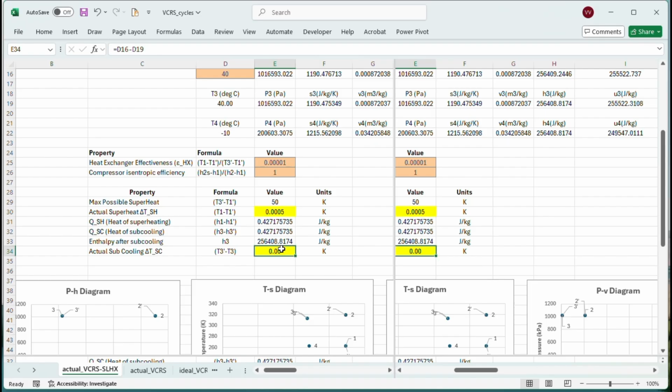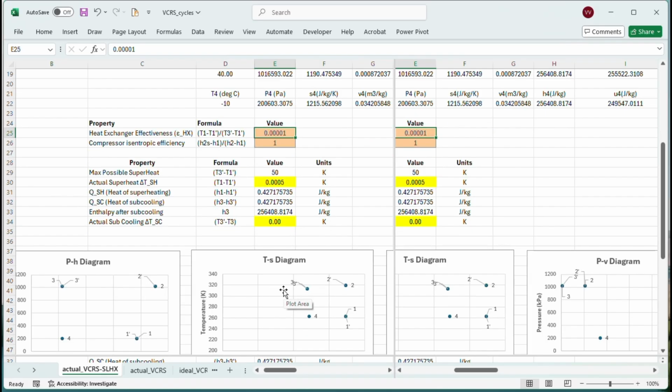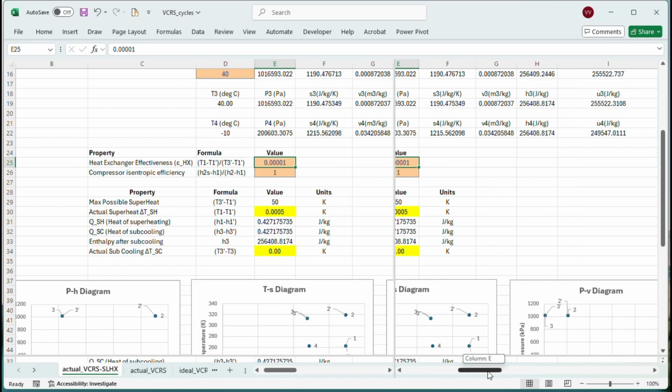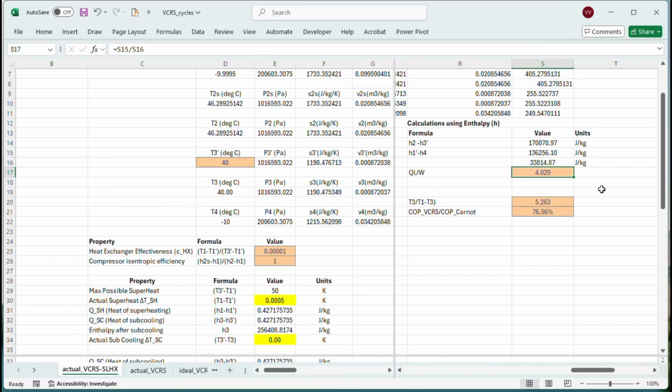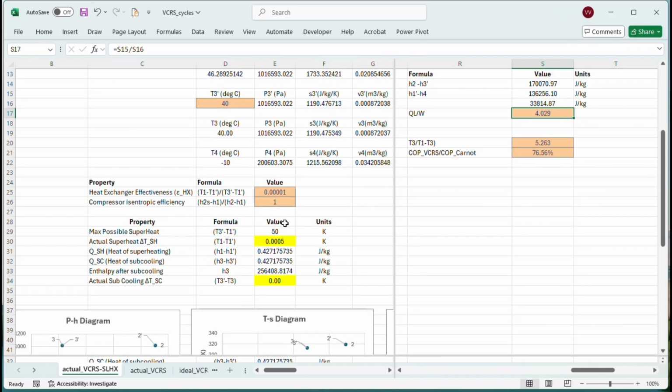Okay. If you increase this number, you get very high heat exchange between the superheat side and the subcooling side. So if you have this number here, you're basically very close to the 4.029 value we have been seeing so far.